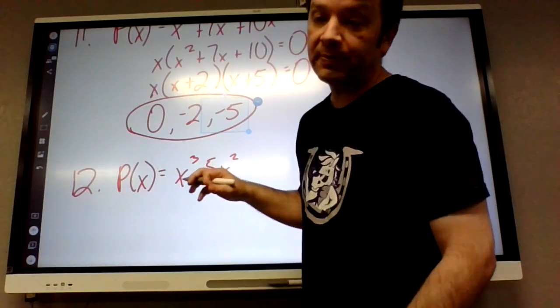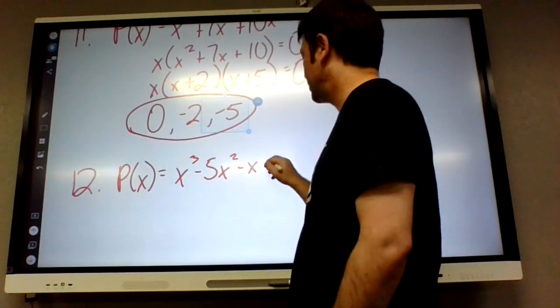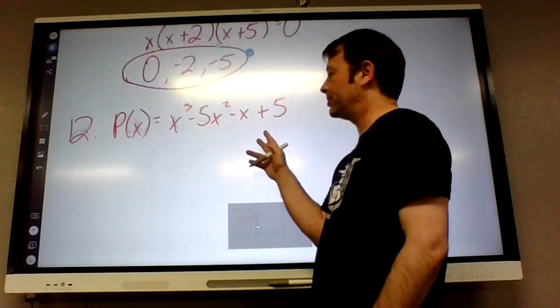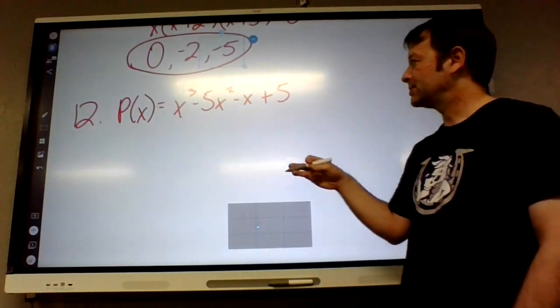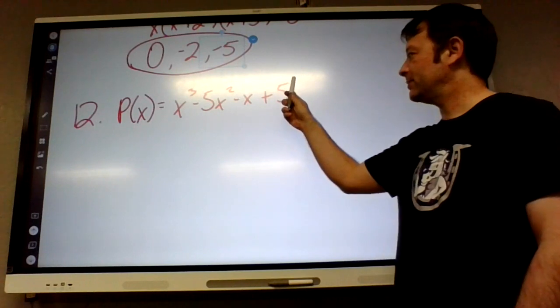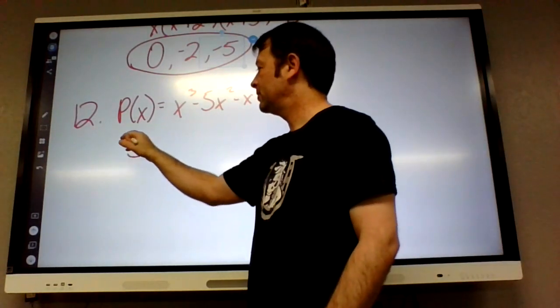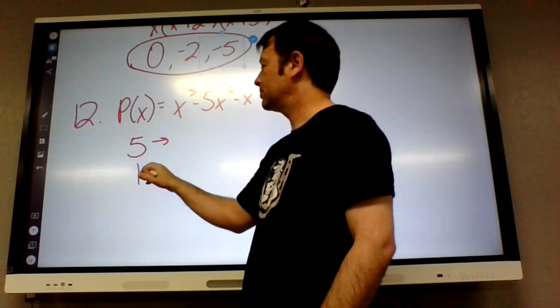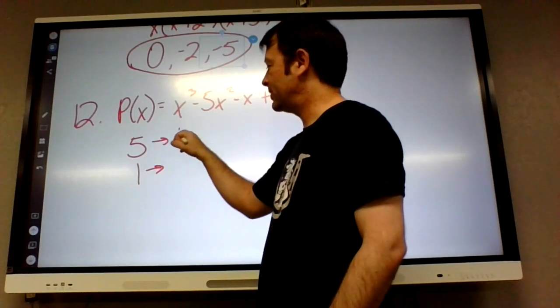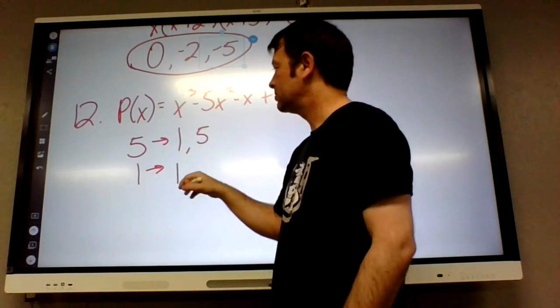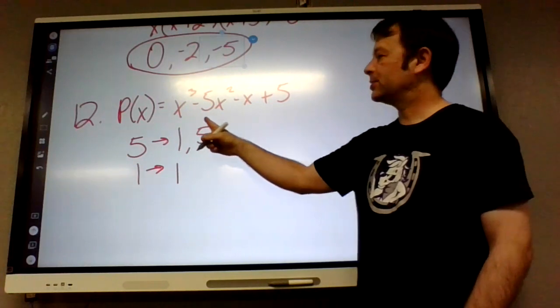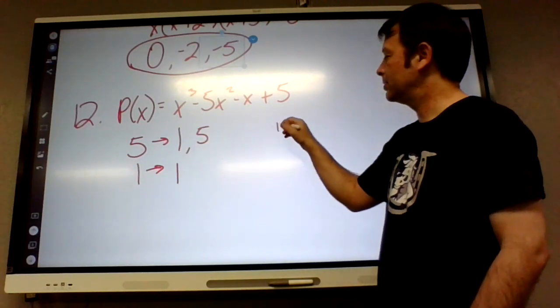I lost my place. Minus 5x squared minus x plus 5. Okay, yeah, let's do rational root theorem on this one. So factors of, you guys remember how we did it? Factors of 5 over factors of 1. So what goes into 5? So it's 1 over 1 or 5 over 1.